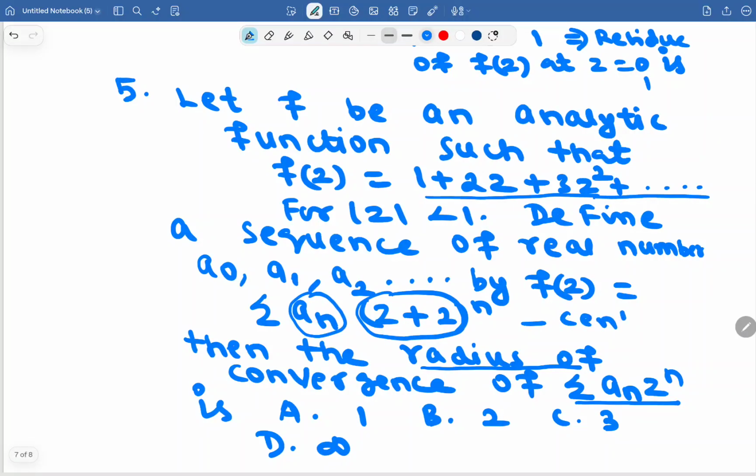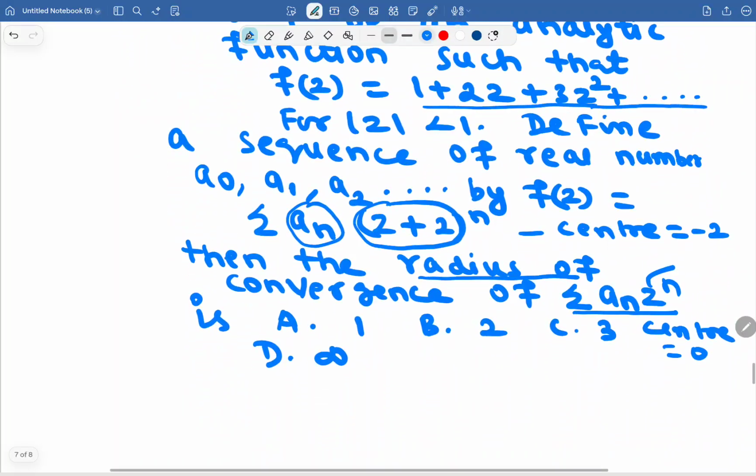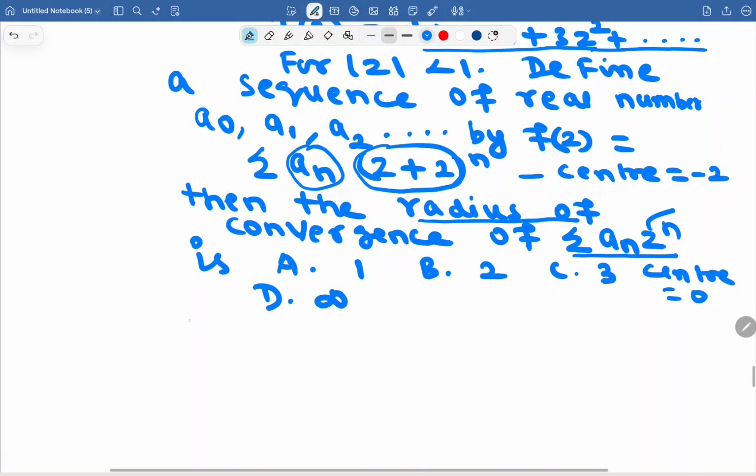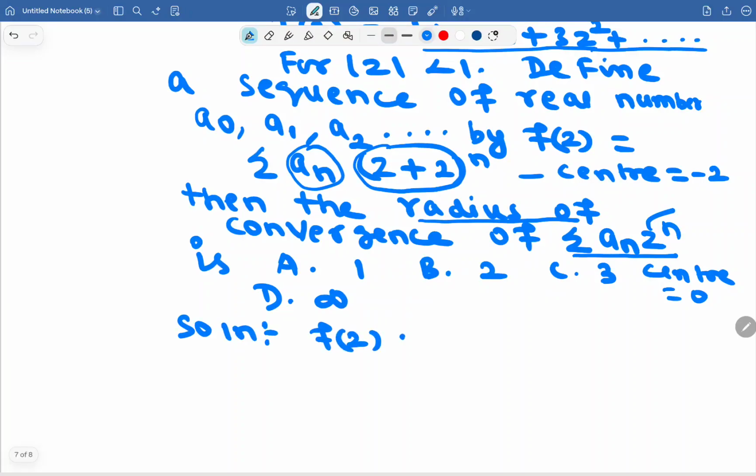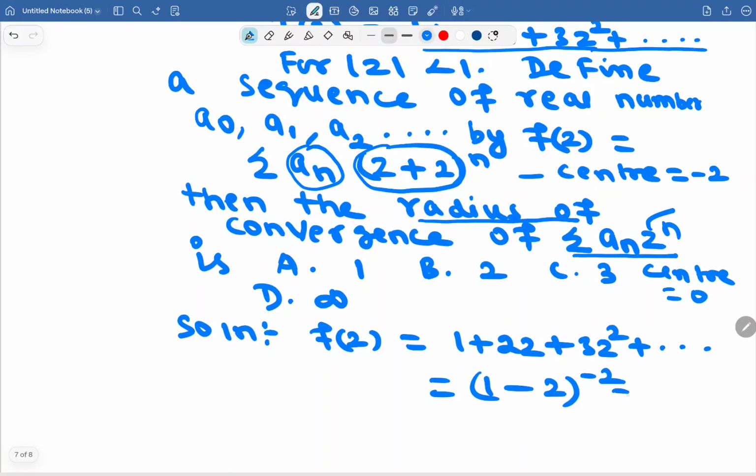Here the center is minus 2, here the center is 0. First of all, what is f of z given? 1 plus 2z plus 3z square, which can be written as (1 minus z) power minus 2, that is 1 by (1 minus z) the whole square.